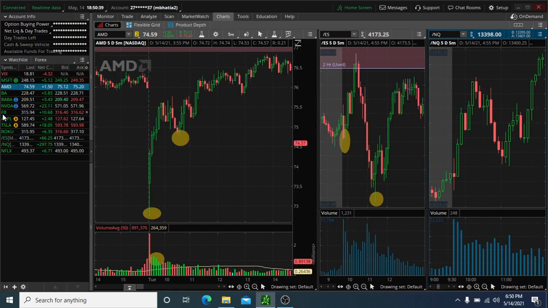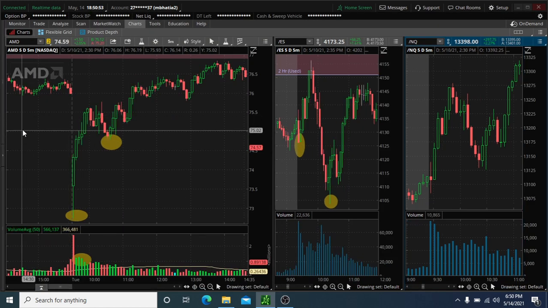Well, to understand that, you have to understand that the equities I trade are the large cap equities: Microsoft, AMD, Boeing, Baba, Nvidia, and then a couple of other tech equities like Apple, Tesla. These are very, very large tech equities with high option interest, and they're a huge part of SPY and QQQ.